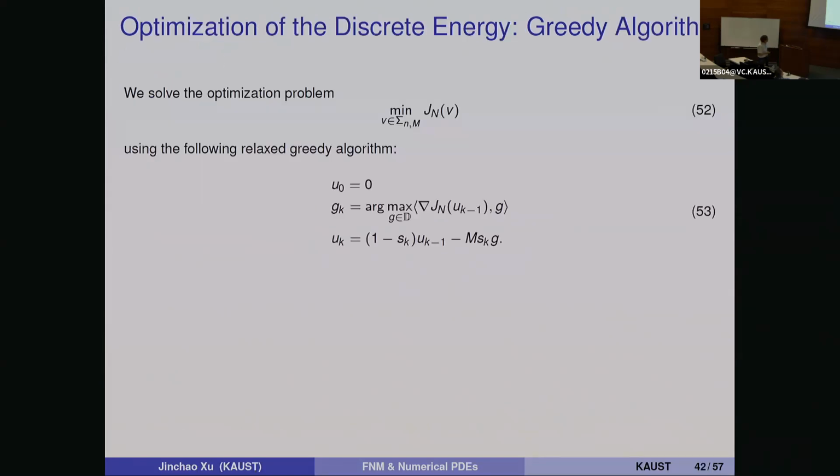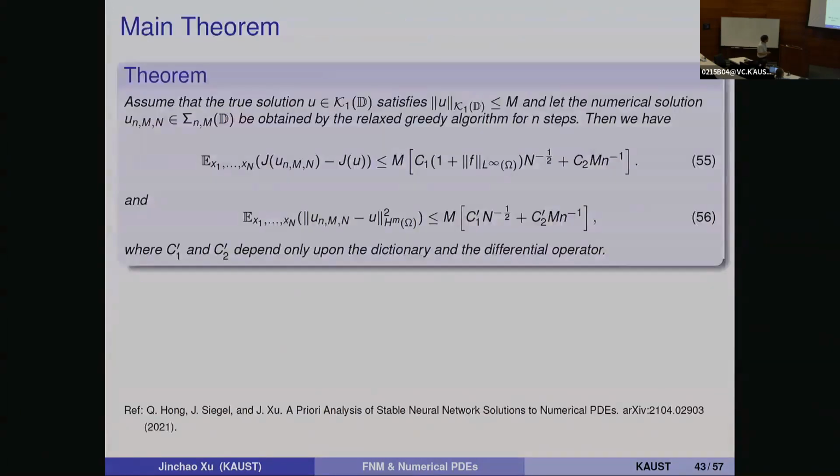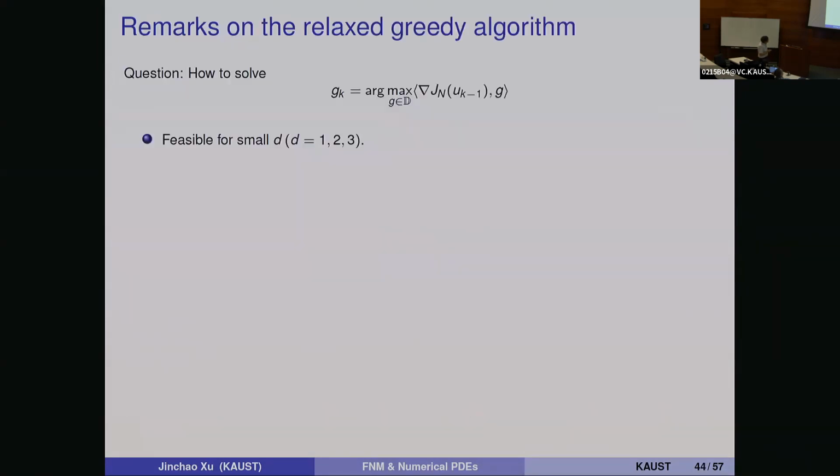Let me see, because the time is running out. You can do all kinds of theory and analysis, and you combine all this together, and so the greedy algorithm. You do the Argmax here. If you do d equal to 1, this is a two-dimensional optimization problem, like the unit square.